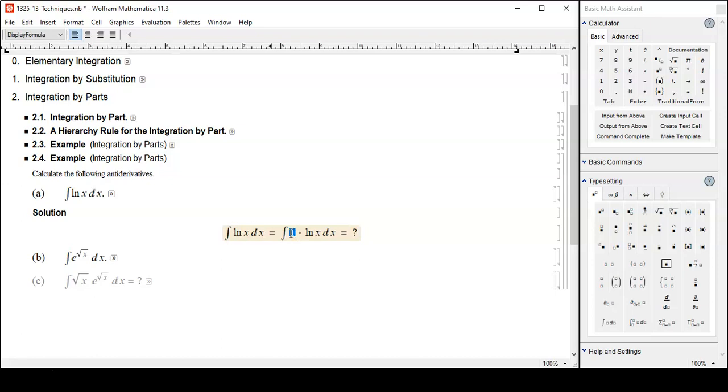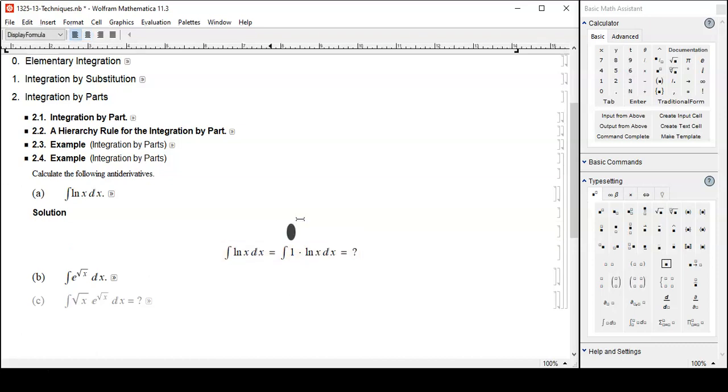Because this is a power function, x to the k power, where k is 0, and this is a logarithmic function. So u is log of x, and v prime is 1, which is x to the 0 power function.